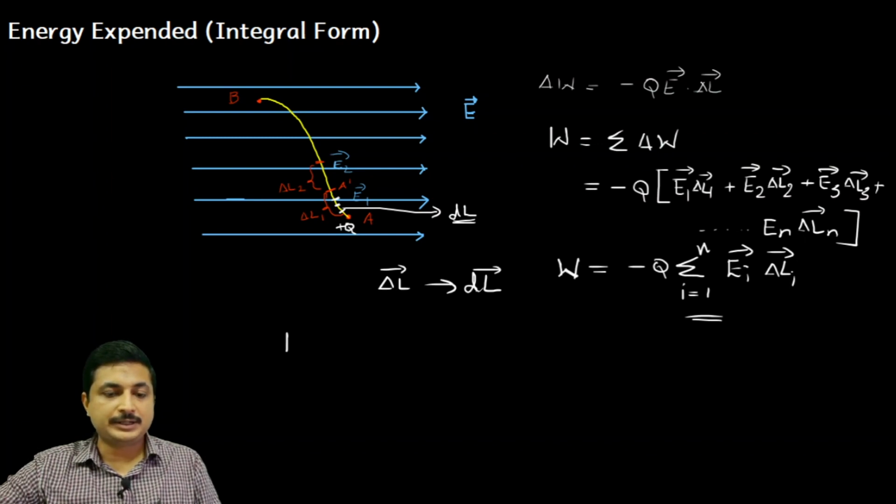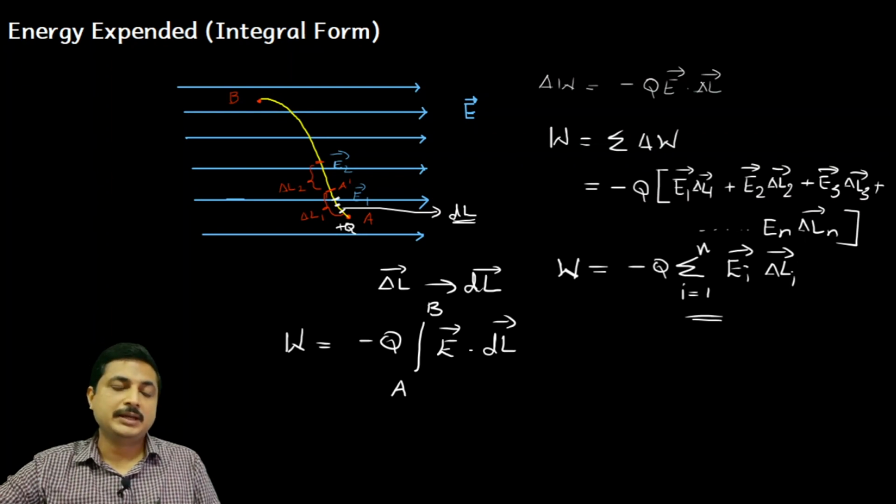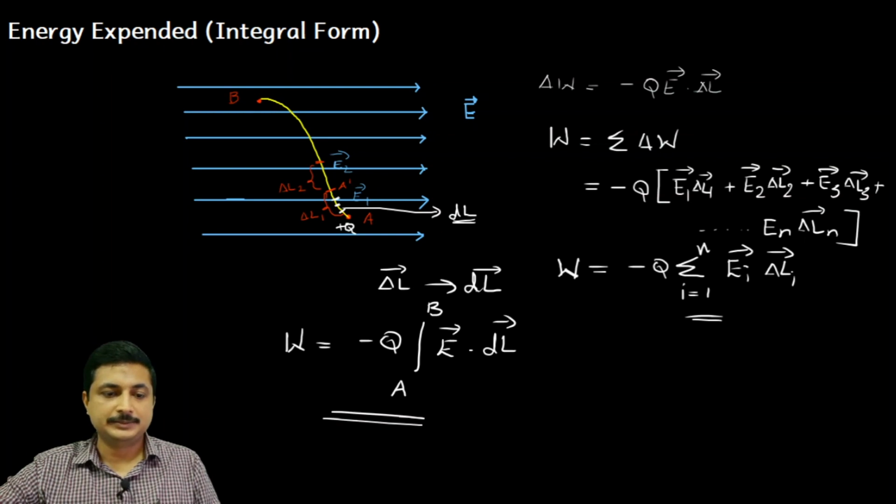So my total work done now is represented as minus q. What will happen if delta L becomes dl? I have to integrate that now from A to B. So I will integrate E dot dl. So this is my energy expended or total work done in moving plus q charge from a point A to a point B in a non-uniform electric field.